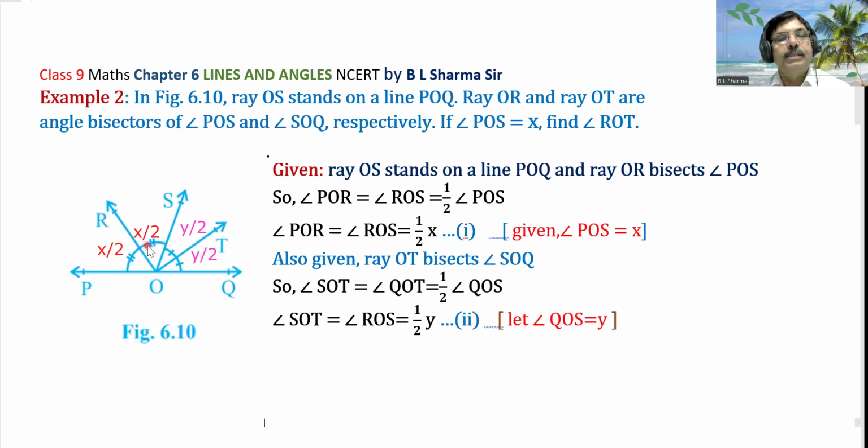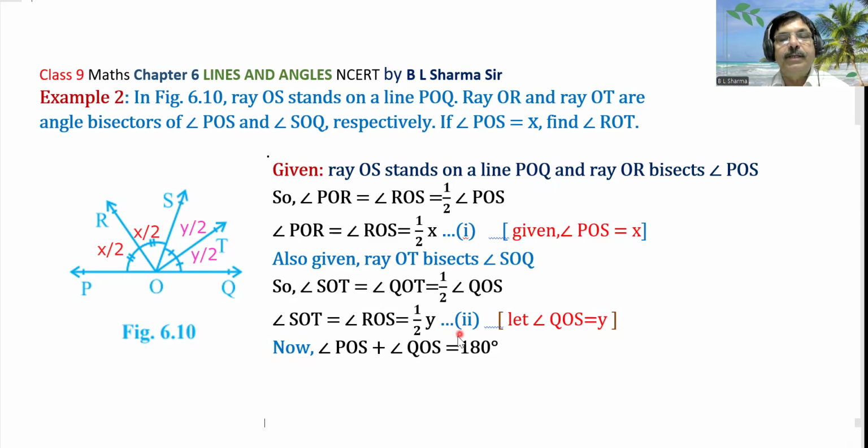x by 2 plus x by 2 plus y by 2 plus y by 2, we will add all four. That will form a straight line, meaning their sum will give us 180 degrees. Now angle POS and angle QOS form a linear pair or straight line.